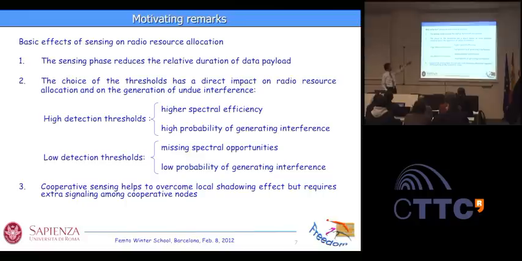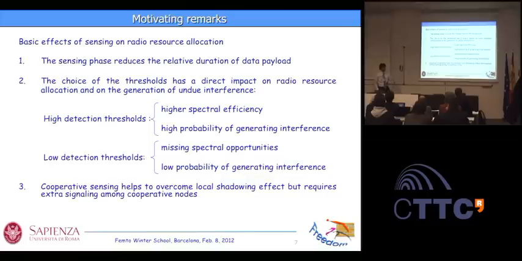So this is why we have in general higher spectral efficiency, which is good. But at the same time, just because the threshold is high, there might be some interferer in some sub-channel which we don't detect. So we transmit over that channel, and then of course we generate an interference which we should not generate. So this is one kind of problem.